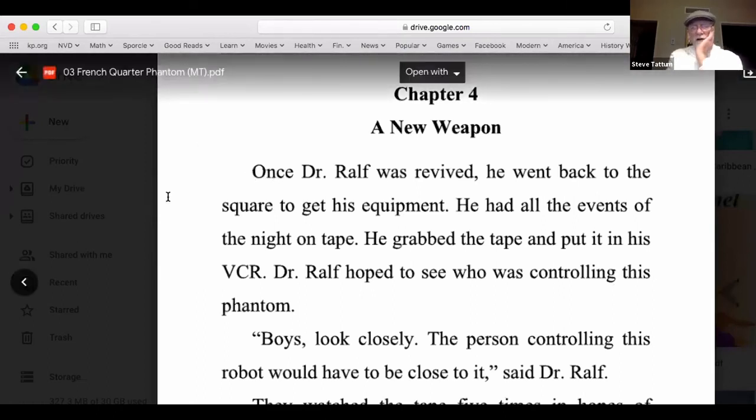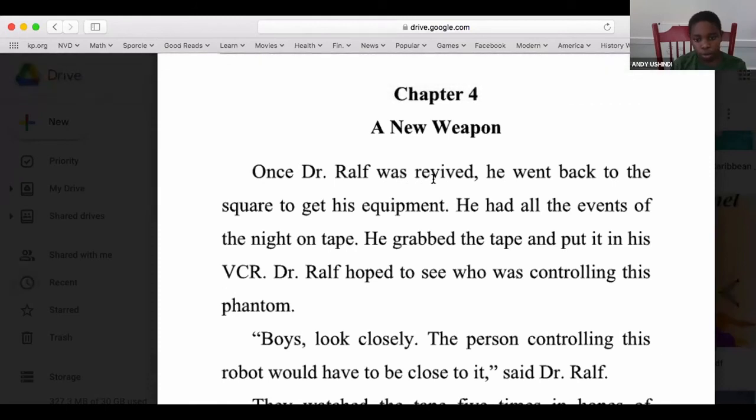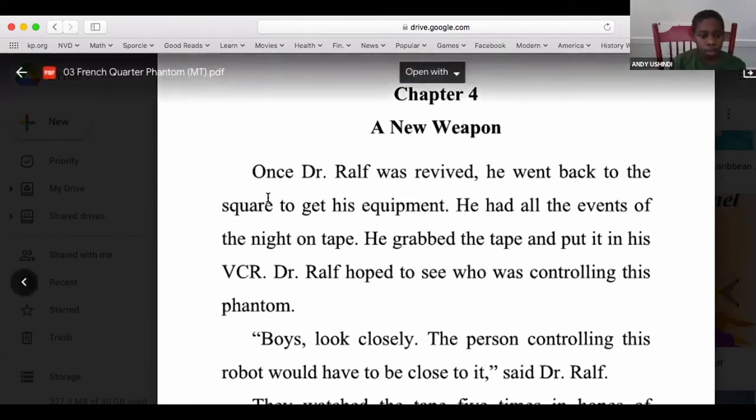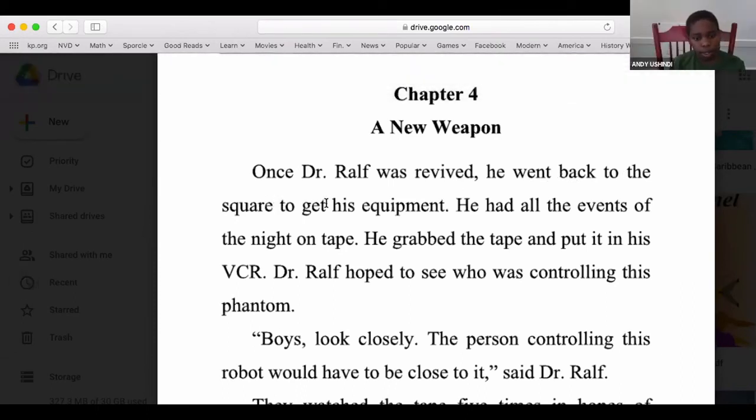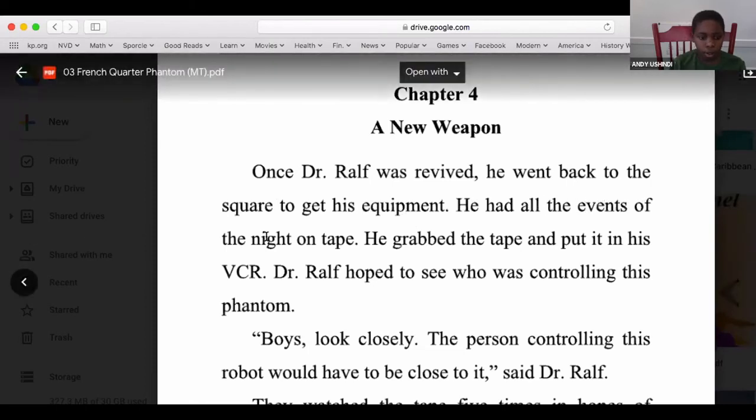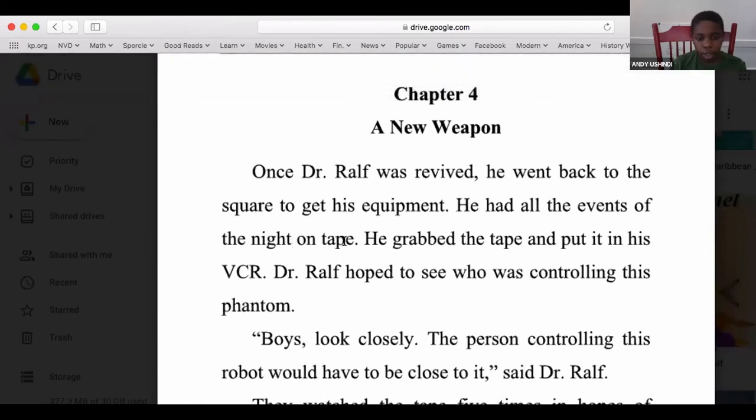Good. Go ahead. Once Dr. Ralph was revived, he went back to the square to get his equipment. Good. He had all the events of the night on tape.